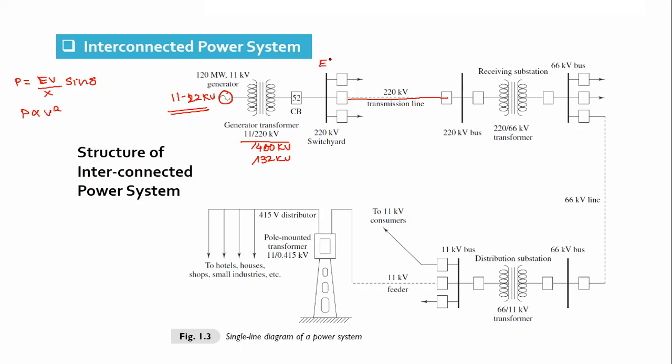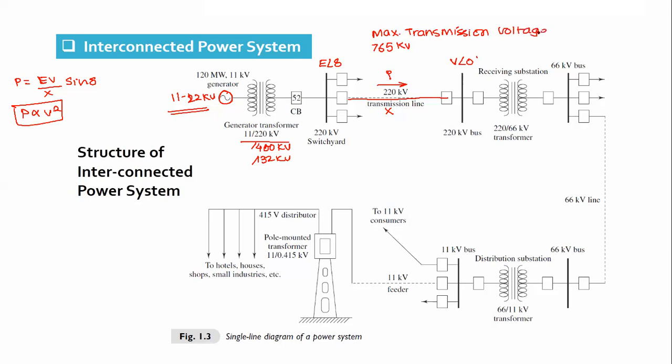Okay, let's say this is E at an angle delta, V at an angle 0, transfer reactance is X. So the power that we transmit over the line is in the square proportion of the voltage rating of the line, and as the voltage rating increases, the power transfer capacity increases in the square proportion. And remember that currently in India we have a 765 kV maximum transmission voltage available.